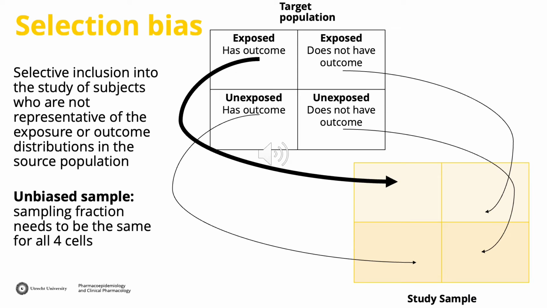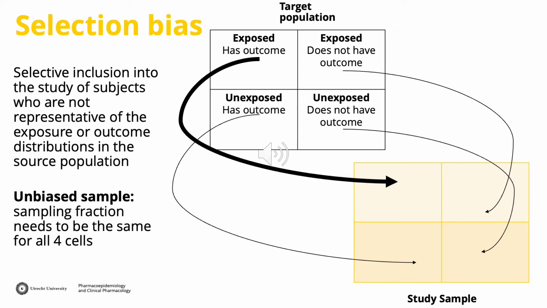One of the most important types of bias that can occur in an observational study is called selection bias. We can remember back to our RCT lecture that selection bias is mainly the result of loss to follow-up.